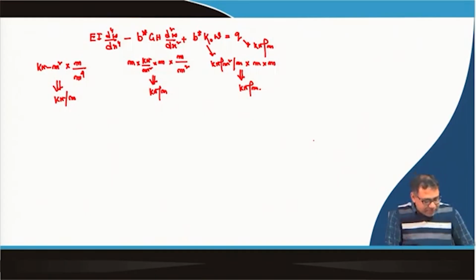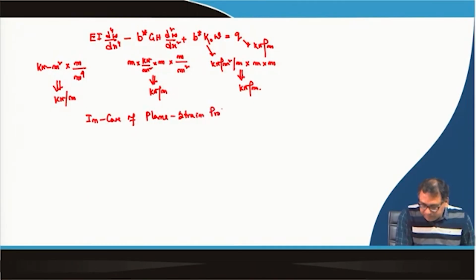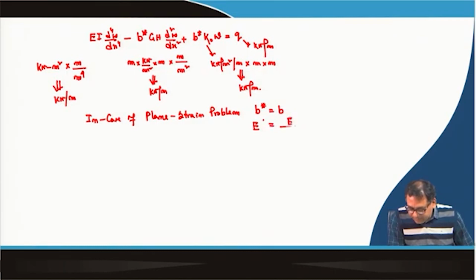Now, this B star condition: in case of a plane strain problem, B star is equal to B, okay, the width of the beam, and E should be replaced by E divided by 1 minus mu B square.